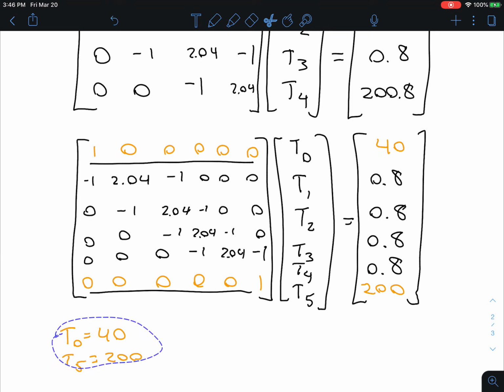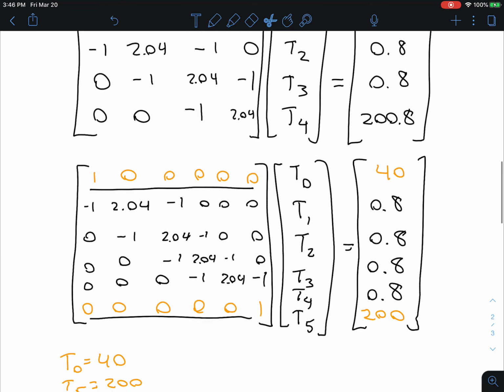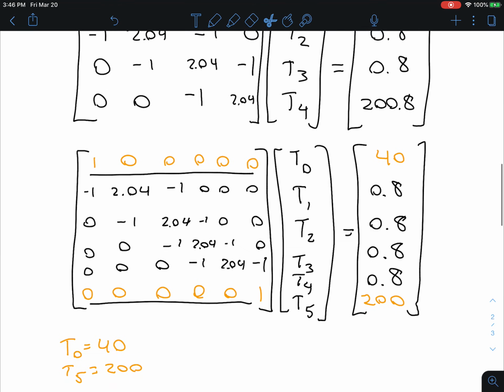And so now this 6x6 matrix problem can be solved pretty trivially, and you can program it perhaps more easily. Some people prefer to do things this way rather than the way I originally presented.